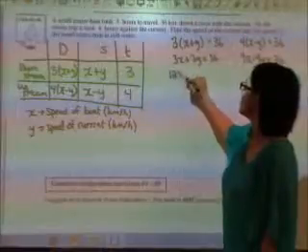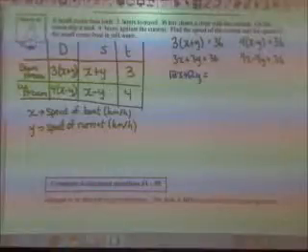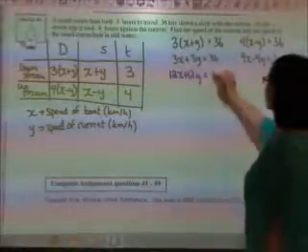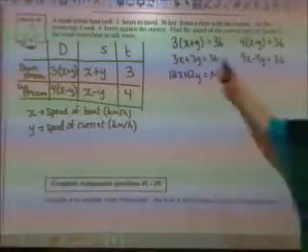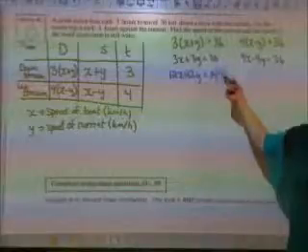12x plus 12y equals, what's 36 times 4? 144. Yep. What happens when you double 36? What do you get? 72. And when you double 72 again? 144.